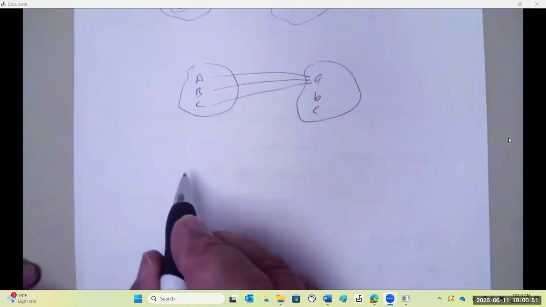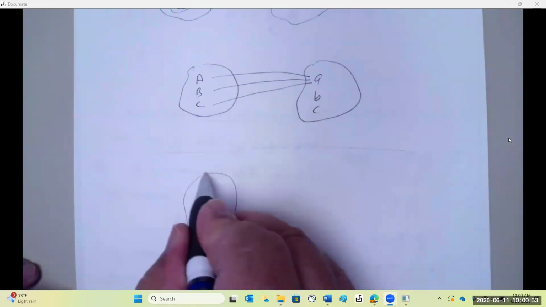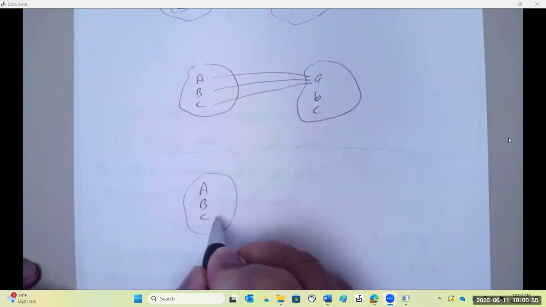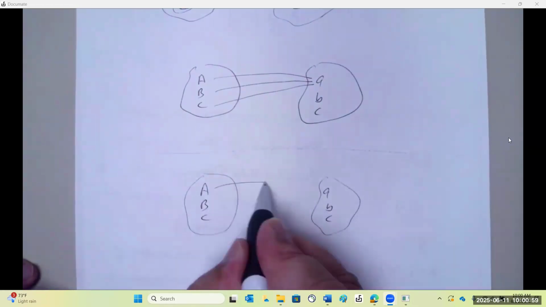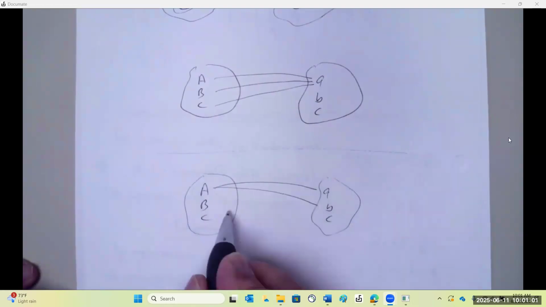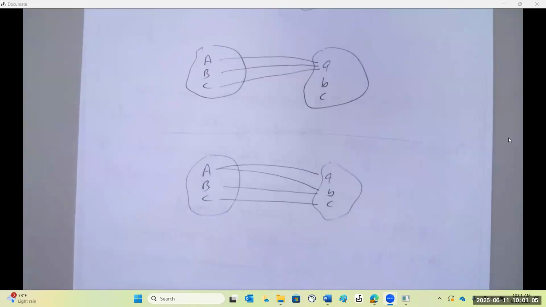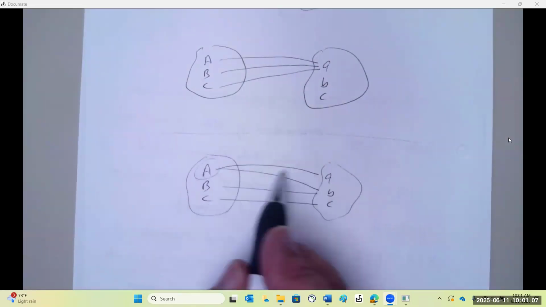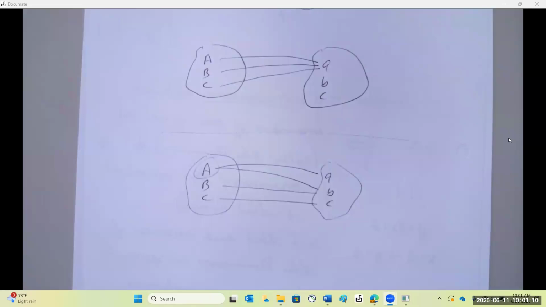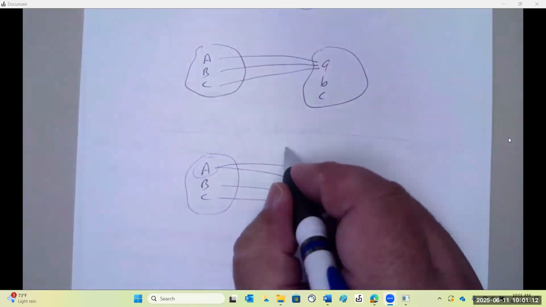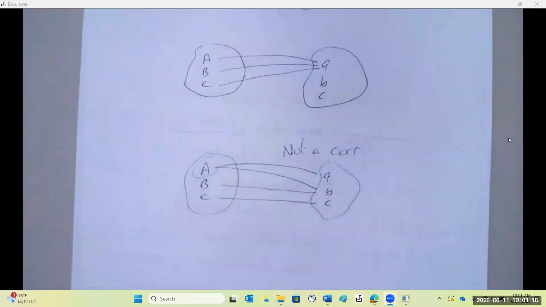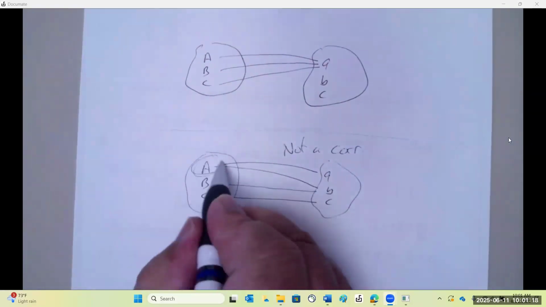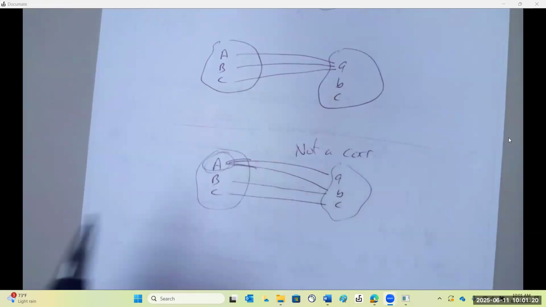Because a non-correspondence would look like this. This one sends to two different people. That's not a correspondence because you cannot have two letters going from one person to another.